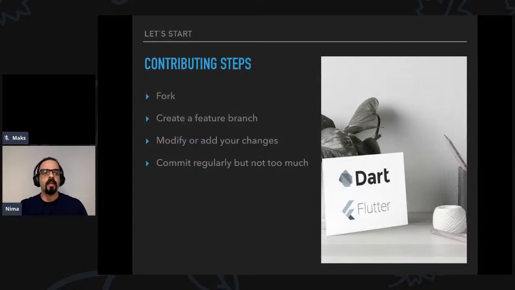But you need to have enough commits to show what you have done so far. You need to add the required unit tests and integration tests. As you know, any good piece of software has its own unit tests and integration tests. There is no exception here as well. You need to create those for the changes that you've made to the repository and add unit tests and integration tests for them.